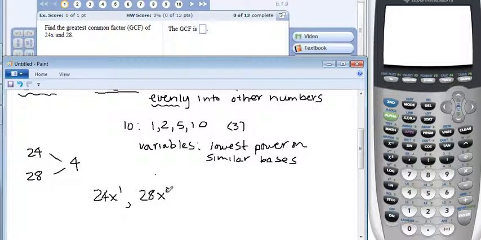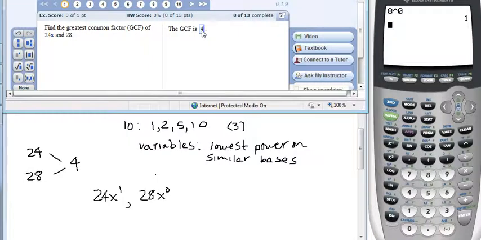What is anything to the 0 power? Well, remind yourself, anything raised to the 0 power is 1. So this is 1. 1 times 28 is 28. So I can say that there is 0 x's on that. Okay, so my lowest power is 0. So I can't take any x's out of there. So my GCF on this one is just a 4. Okay?